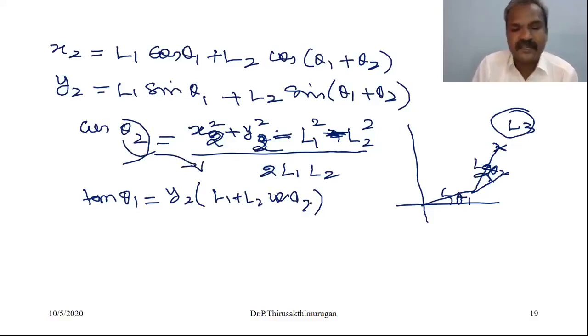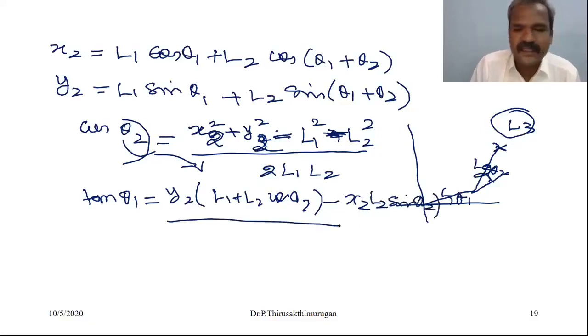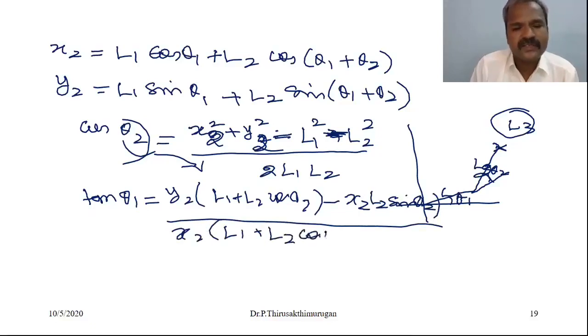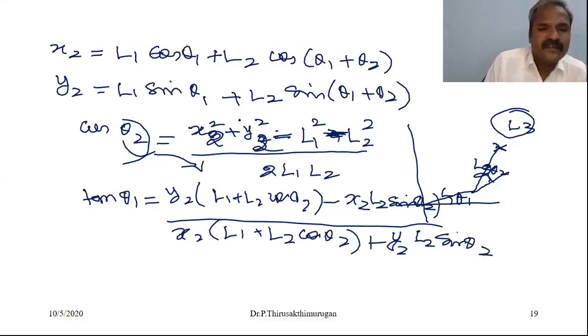Tan theta 1 equal to y2 (L1 plus L2 cos theta 2) minus x2 L2 sin theta 2, divided by x2 (L1 plus L2 cos theta 2) plus y2 L2 sin theta 2. So from these two relations, we can determine theta 1 and theta 2.